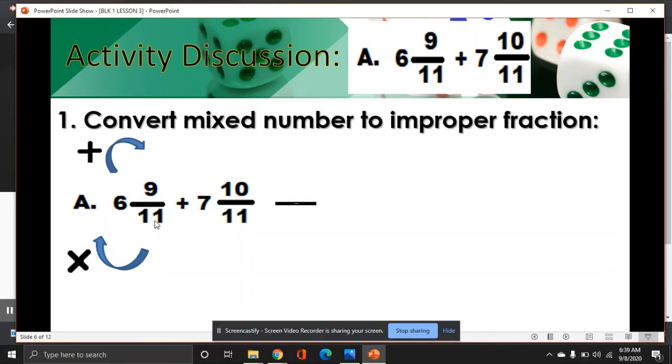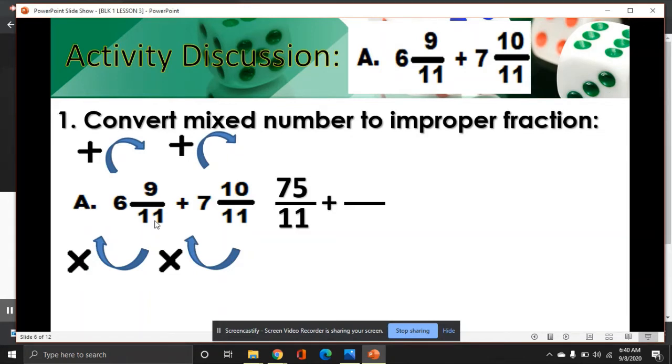Okay, let's have 11 times 6, that is 66 plus 9. We got 75. So we need to copy our denominator, which is 11. Do not forget the operation, addition. And let's go with the next one. Again, denominator times the whole number, then the result would be added to our numerator.